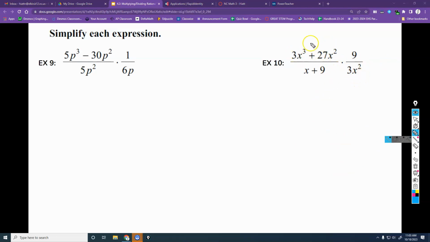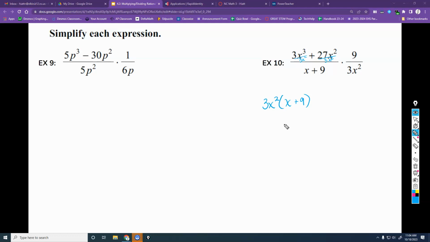Now, is there something I can do with that numerator of the first fraction on number 10? What can I do? I could divide it by 3, what else? 3x squared. So that has the greatest common factor. I'm going to take out a 3x squared. So if I divide this by 3x squared, I would just have an x left. If I divide this by 3x squared, I would have a 9.